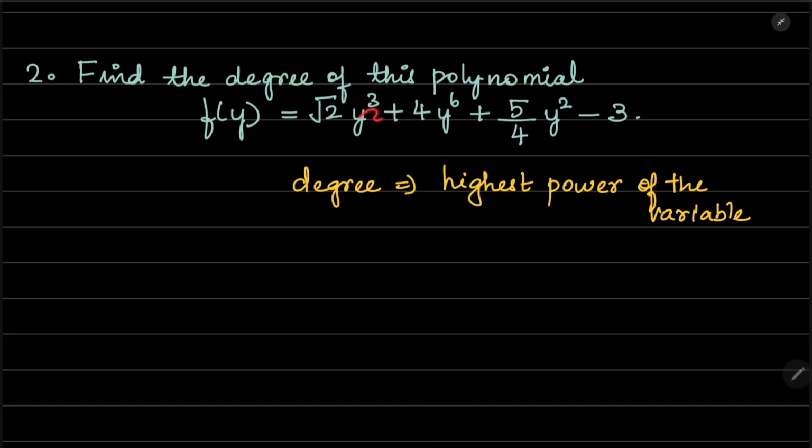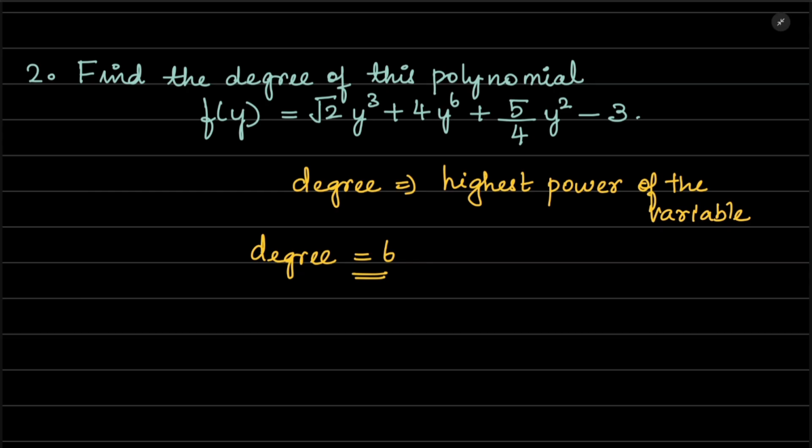What is the highest power of the variable? So it happens to be 6. Therefore, the degree of this polynomial is nothing but 6. Okay, so whenever you are asked to find the degree, just check which of the powers of the variable is the highest. Whatever is the highest or maximum value, that is the degree of the polynomial.